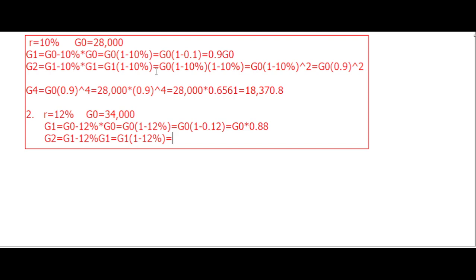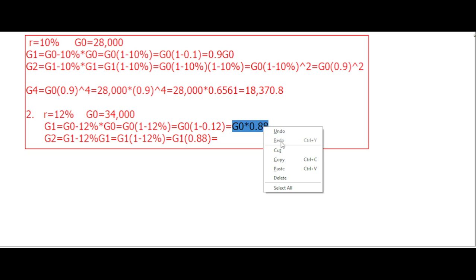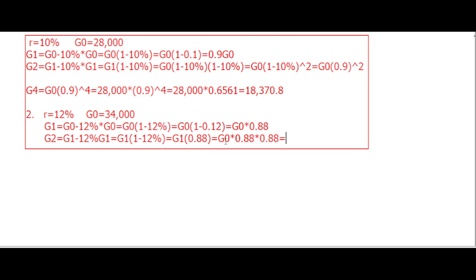Now let's substitute instead of G1 here: G1 into 1 minus 12% is 0.88, which is equal to G naught times 0.88 times 0.88, which is G naught times 0.88 squared. This is for G2.